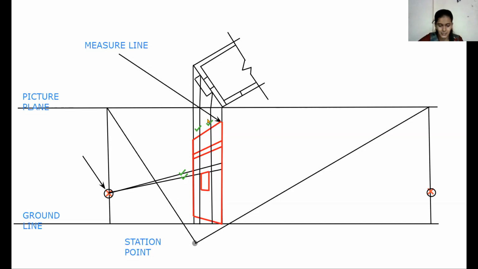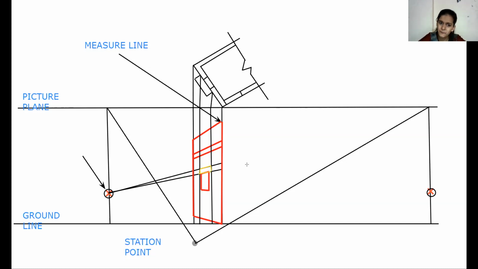From these two vertical lines and two inclined lines, we will find a rectangle that I'm going to show you using yellow color. So here it is, the backside rectangle.